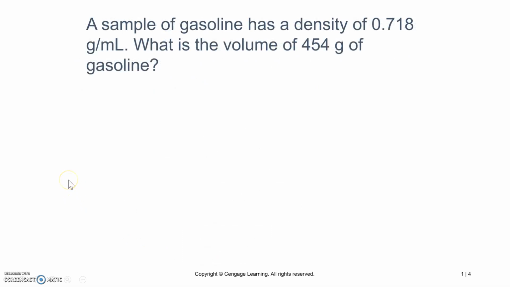You can also predict the volume some substance will take up based on its density and the amount that you have. So here's an example with gasoline, which has a density of 0.718 gram per milliliter. We want to know, what volume does 454 grams of gasoline take up? Remember, our density is our mass per volume. In this problem, we have mass and we have density, so we can calculate volume.